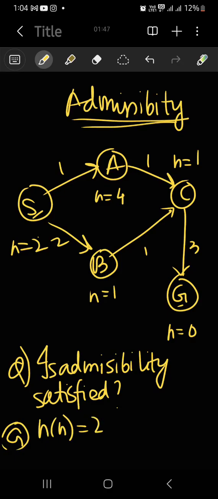Now we have to calculate the actual cost to reach from vertex S to vertex G, which is denoted by h star n. So what is the actual cost? For that I have to go from S to A, which is 1, then from A to C which is again 1, and then from C to G which is 3. So 3 plus 1 plus 1 is nothing but 5. So h star n is 5.